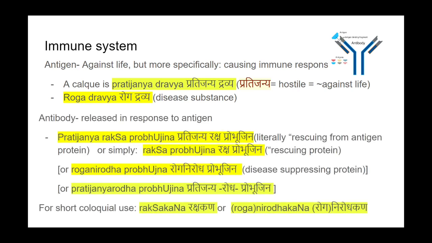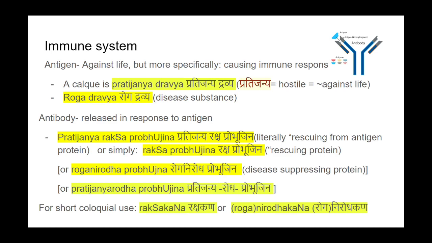Now, antibody is released in response to an antigen, so it would be pratijanya raksha probujina, or protein that rescues from an antigen, which is pratijanya, or we could simplify it and call it raksha probujina, or a rescuing protein.